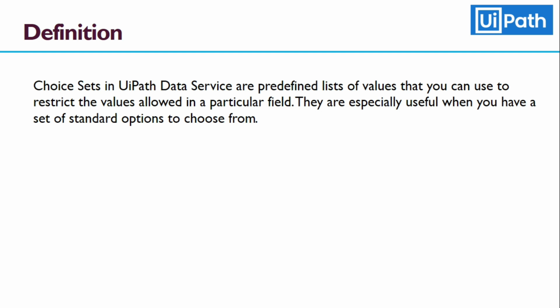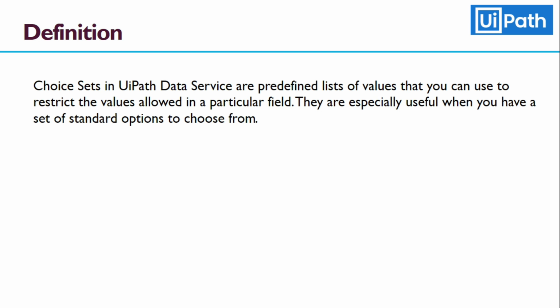Let's imagine you are managing vendor information. One of the fields in the data could be vendor status, and you don't want users to type random status like approved or accepted. Instead, you want them to select from a list of predefined options such as active, inactive, pending, approved, accepted, something like that.